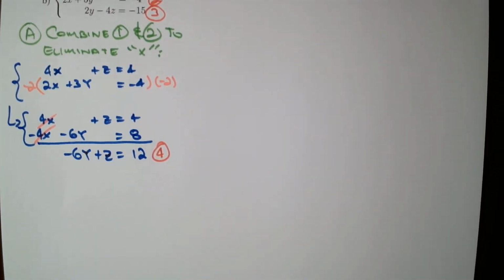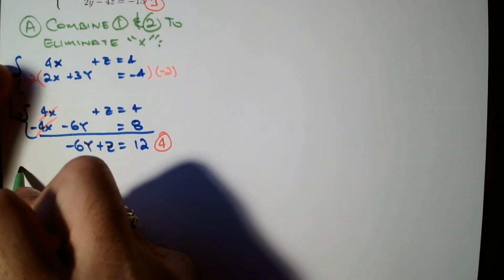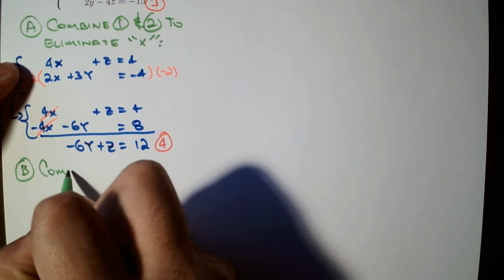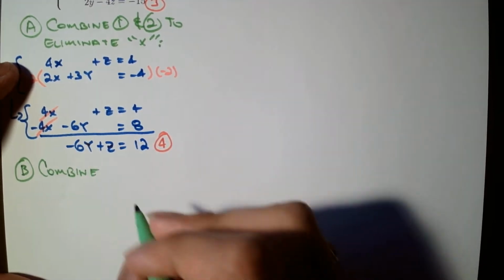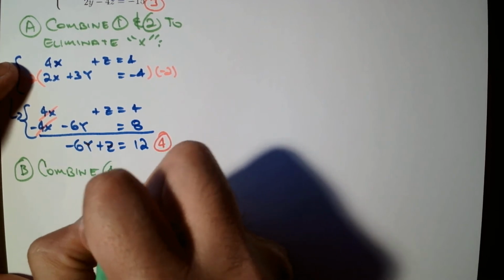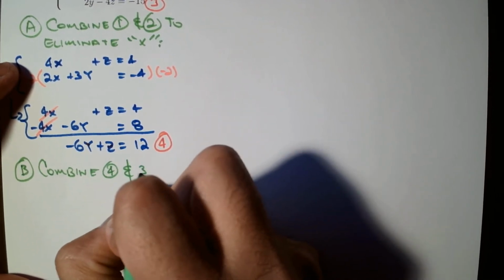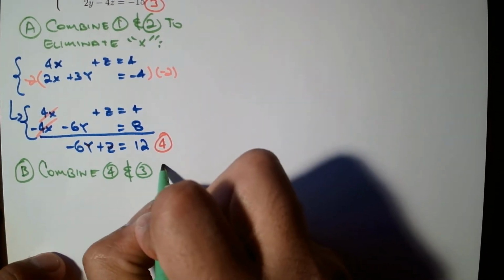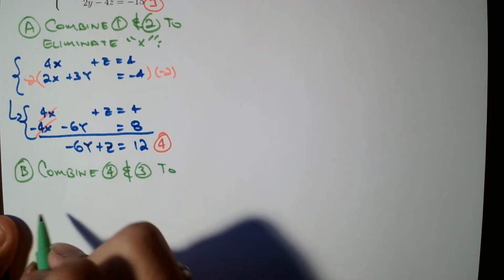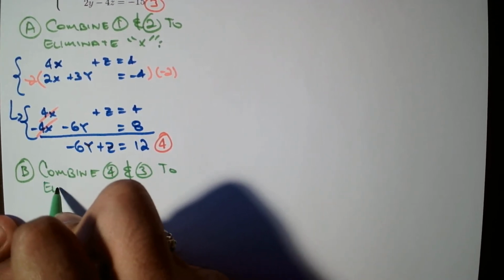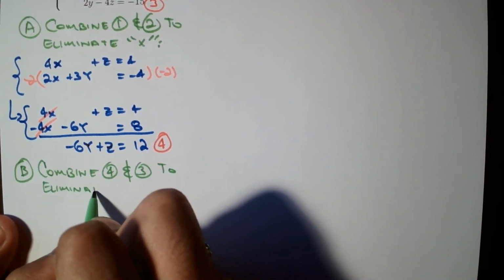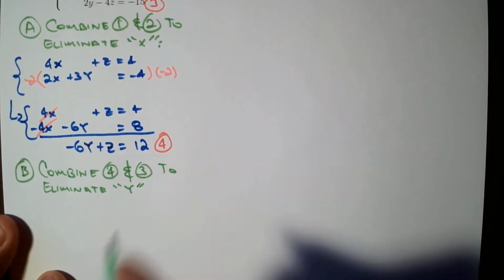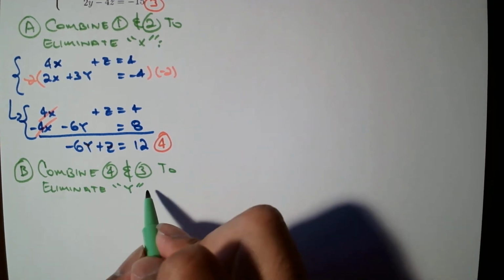So B, combine, in this case, 4 and 3, or 3 and 4. The order ultimately doesn't matter, but in this case to eliminate y.